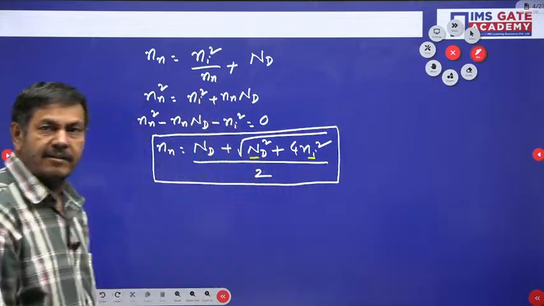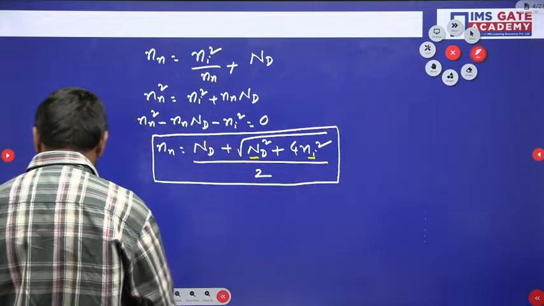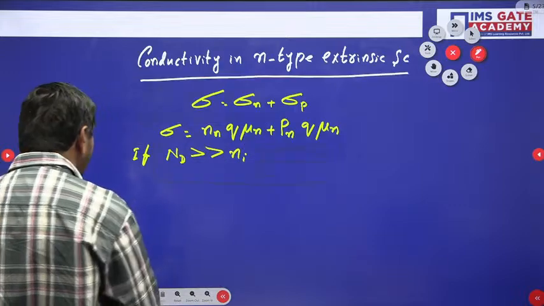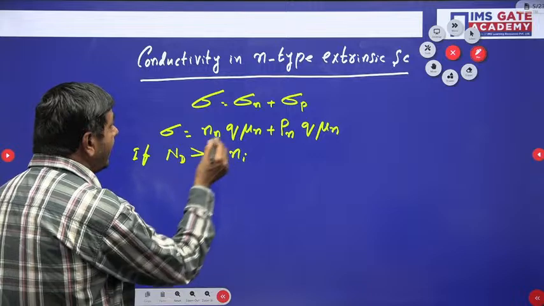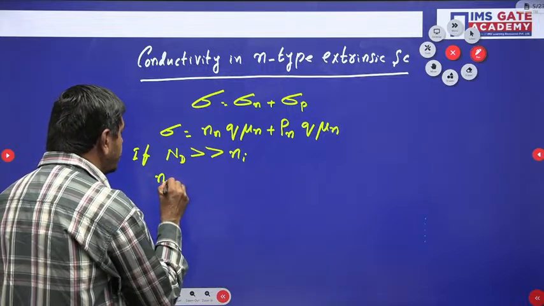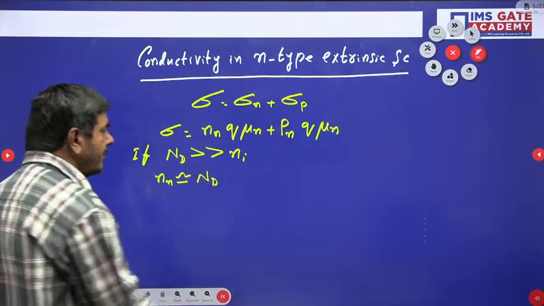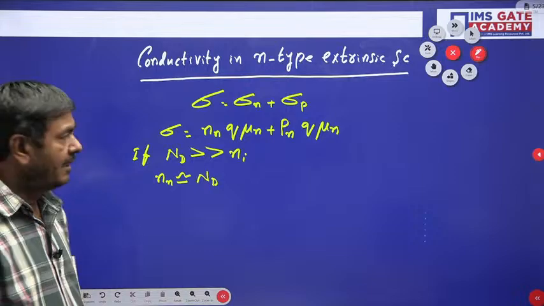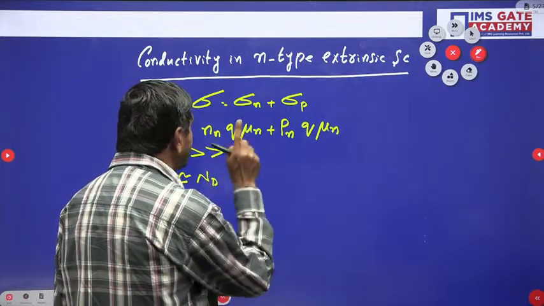This holds only when Nd is very large as compared to Ni, otherwise you can't use it. So if Nd is far more greater than Ni, Nn is approximately equal to Nd only.